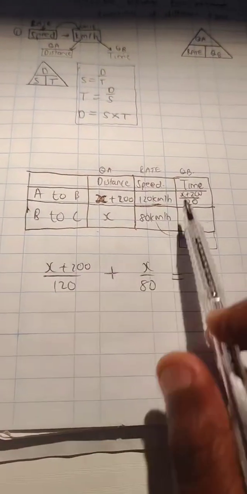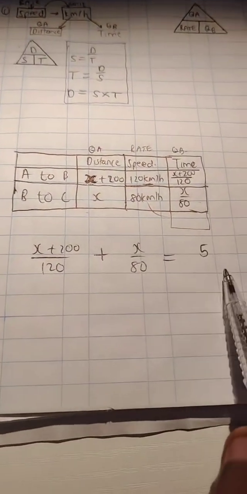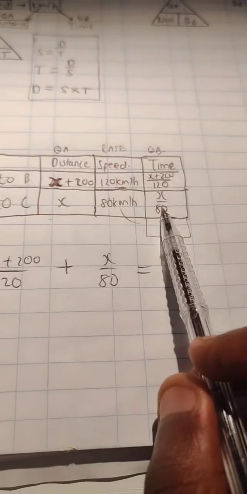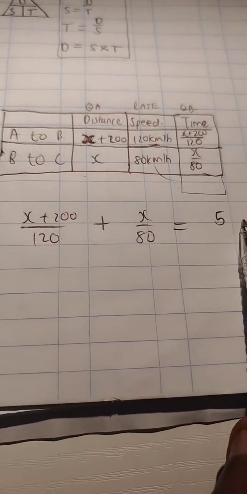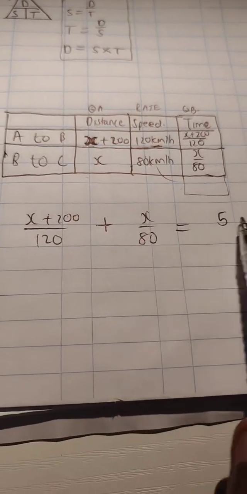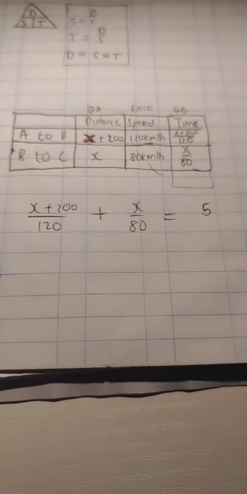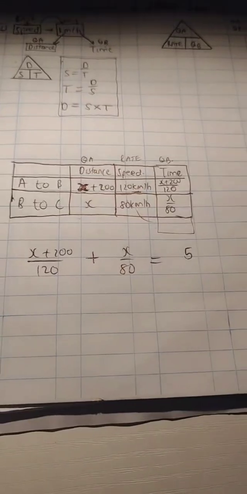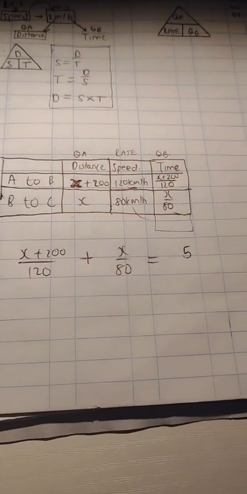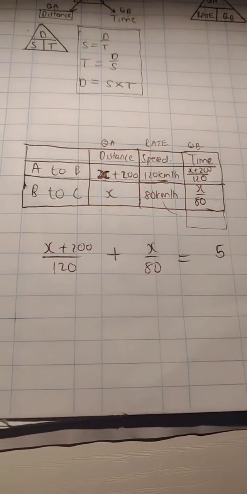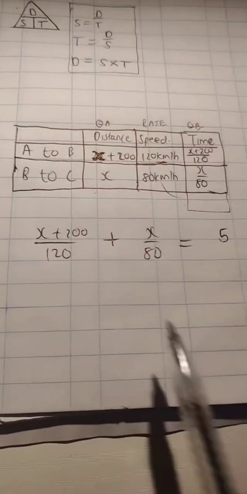The addition of my hours: the entire journey from A to B, this is how long it took. From B to C, this is how long it took in terms of X. But then the entire journey in total is 5 hours. So I'm going to add these two, equate it to 5, and solve for X. That is basically how we utilize the information fully so that we can solve and work it out.